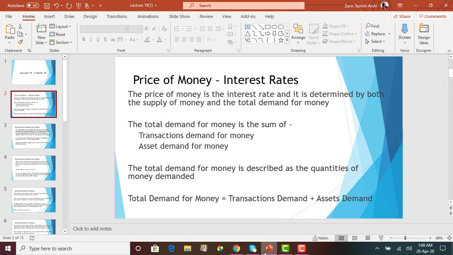So the total demand for money can be divided into two types: transaction demand for money and asset demand for money. When we add the transaction demand for money and the asset demand for money, we get the total demand for money, described as the quantity of money demanded.